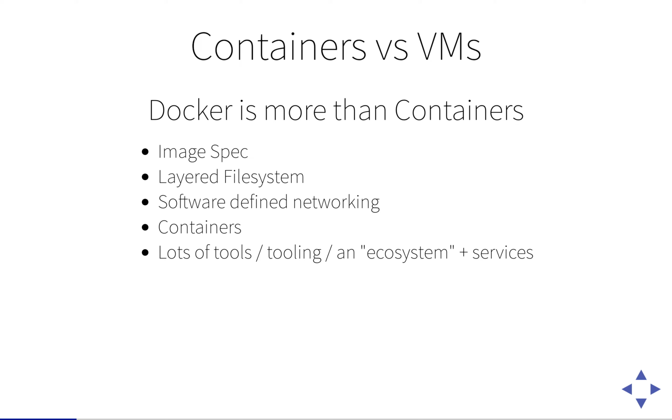Docker provides a layered file system so that we have control and can reuse layers. We'll get to more about that in a bit. It also gives us software-defined networking, then of course containers, and lots of tooling and ecosystem services support everything you need around containers to make your use of them very efficient.